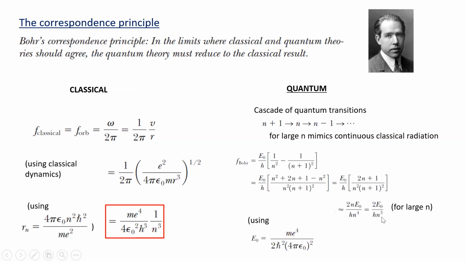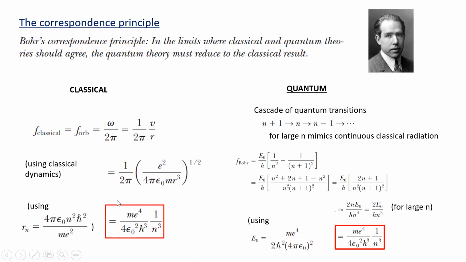Okay, so we're almost done here. Then using our value for the ground state energy E naught, if we plug that in here and simplify, we find this expression here, m e to the 4th over 4 epsilon naught squared h squared n cubed, which is the same one we got for the classical.